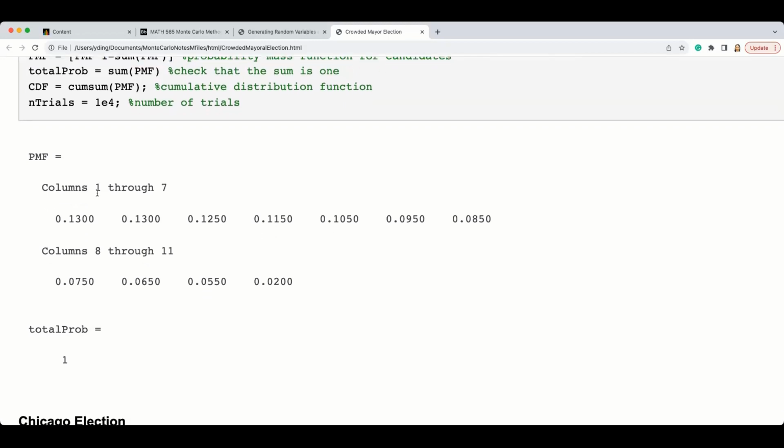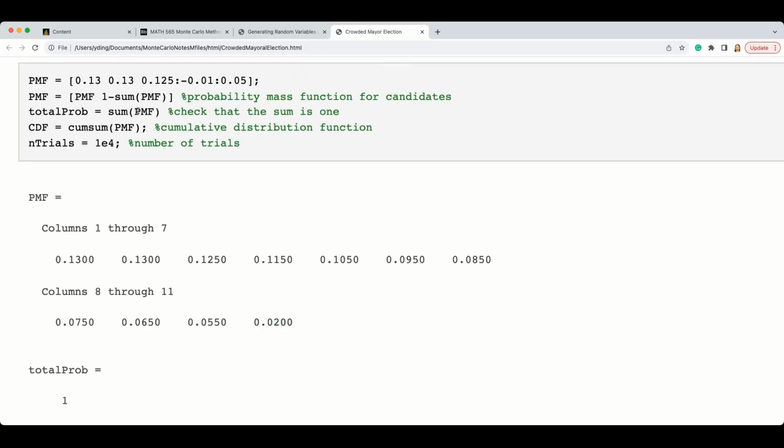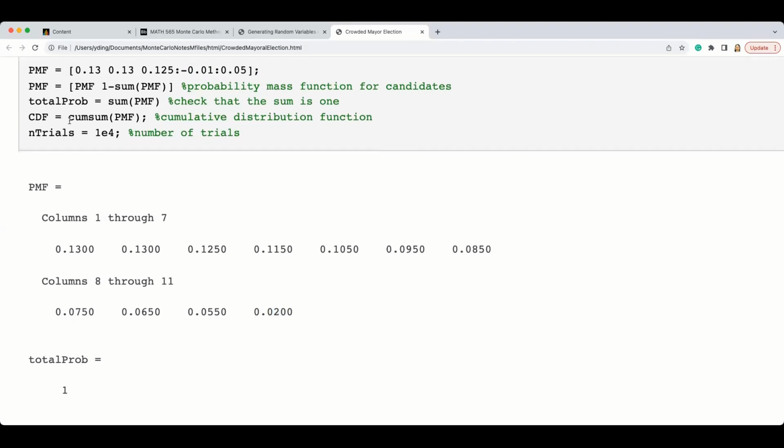You can see our first three are close to 13%, and then it's decreasing, and at the end we may still have some other candidates. All of them will share this 2% probability together, and then we check if it's really 1, of course, and you can use sum.